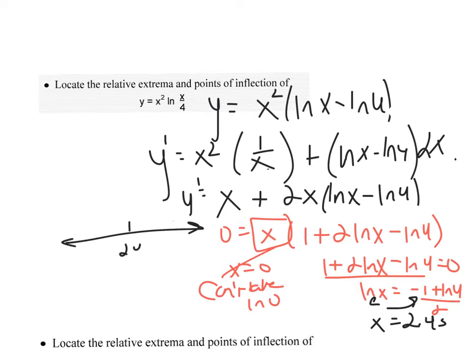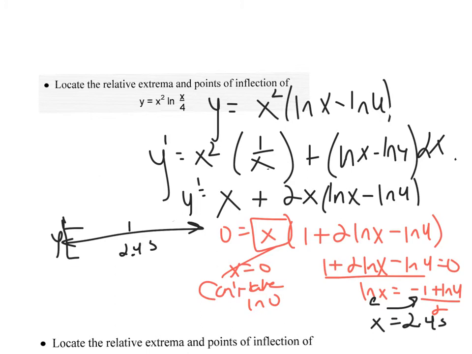Okay, so 2.43. Again, to figure out whether it's a max or a min, you plug it into y prime, the numbers to the left and the right. So I'd plug in like 1. Just be careful you can't go into negatives here. It's helpful just to recognize that either by the graph or by looking at log functions. If you remember the basic log graphs, the domain is always from 0 to infinity, so you can't plug in negatives here.